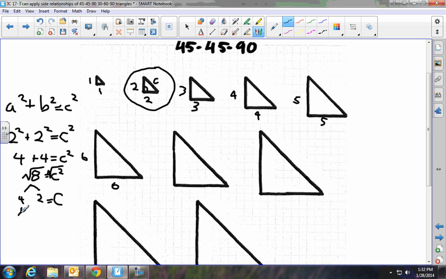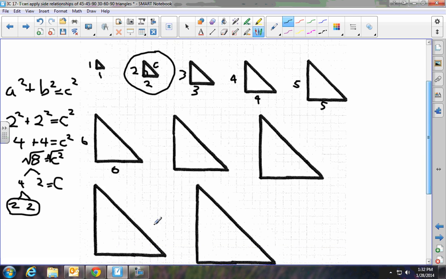And then 4 can be broken down into 2 and 2. We circle our pairs because pairs come out from underneath the radical. So we end up with a 2 on the outside, and what's left is this lonely 2 here, and that stays in the radical. So we figured out that our long side C right here is actually 2 radical 2.